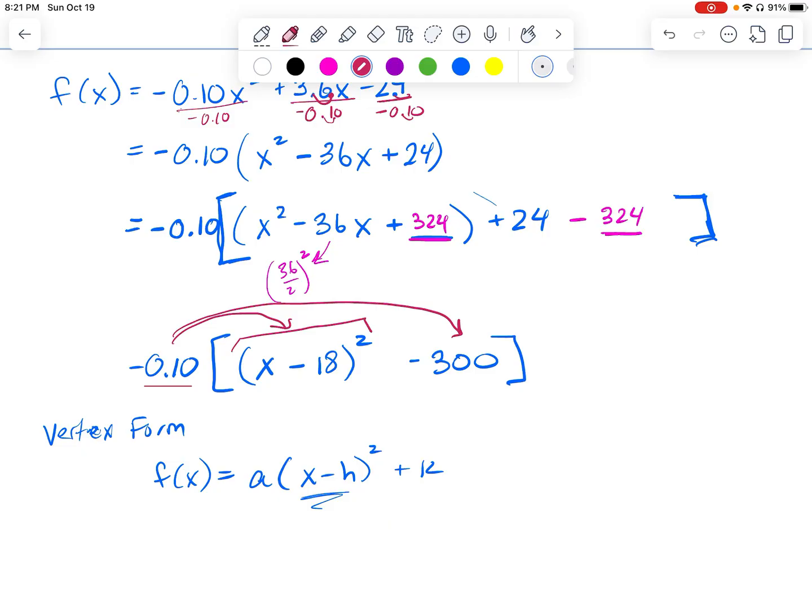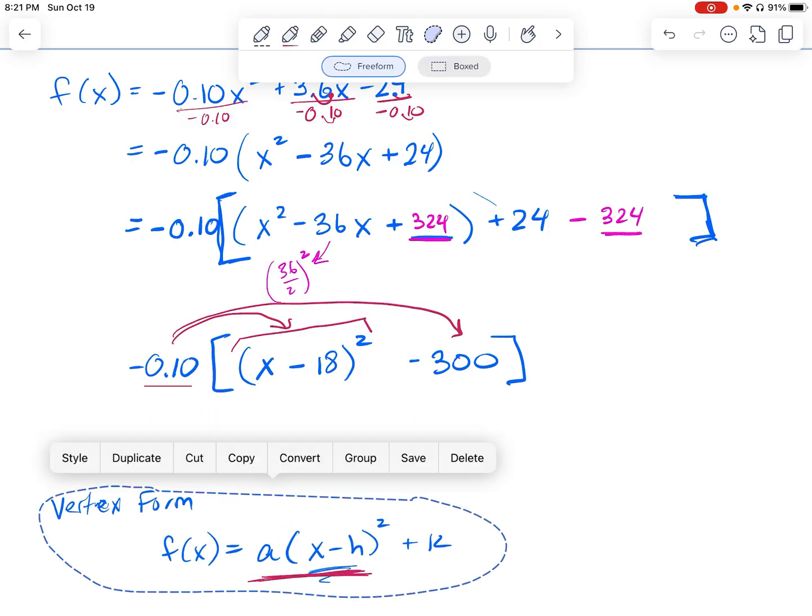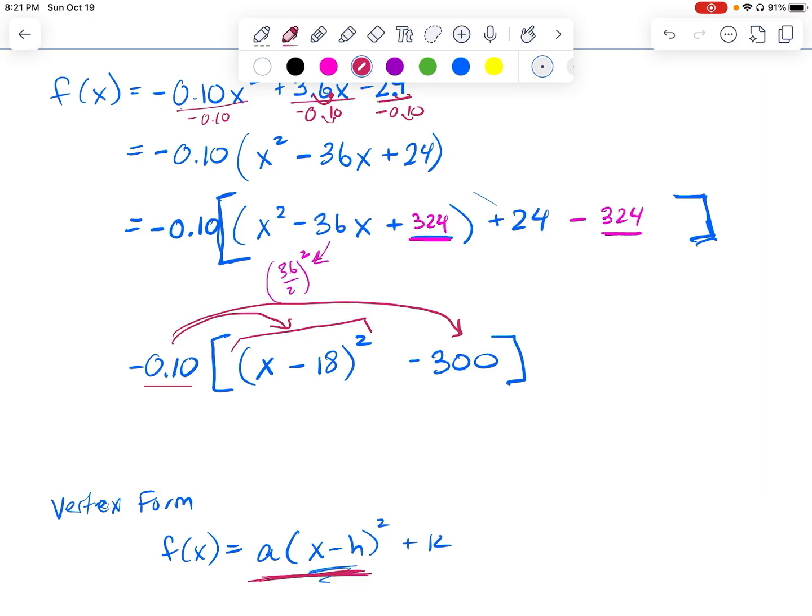I don't need to distribute it into the parentheses for that first term because notice that a is out in front of that squared binomial. So for that first term, I can just write negative 0.010 times x minus 18 squared. So that's distributed to the first term. And then the second term, I'm going to multiply that by 300.